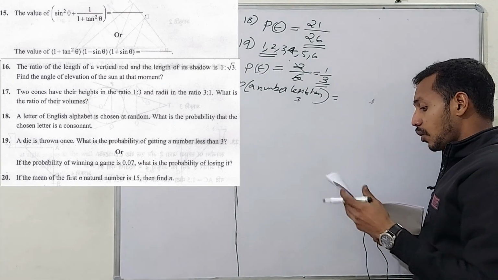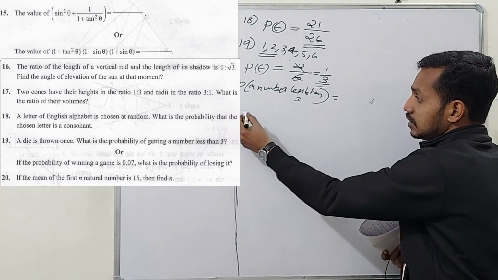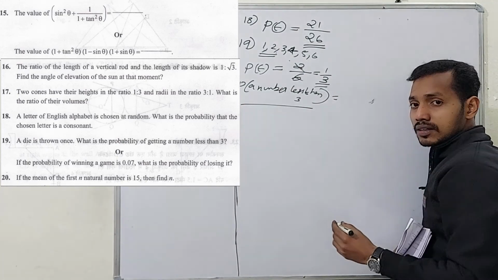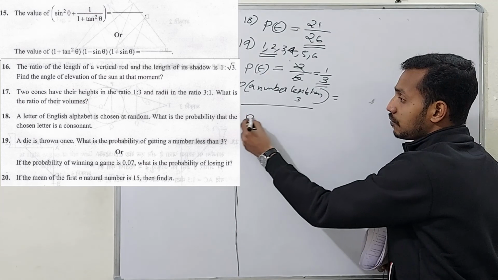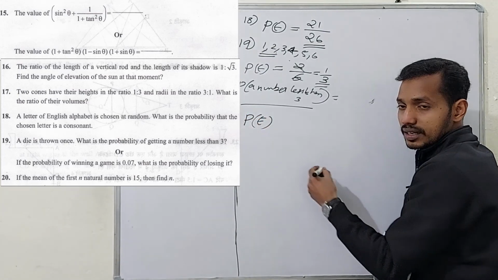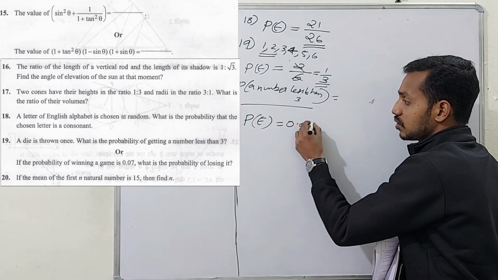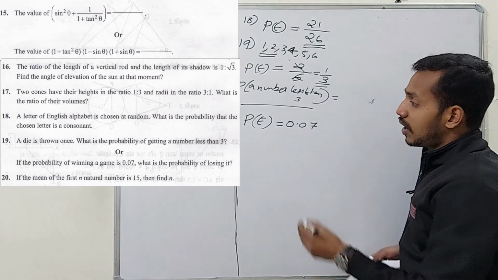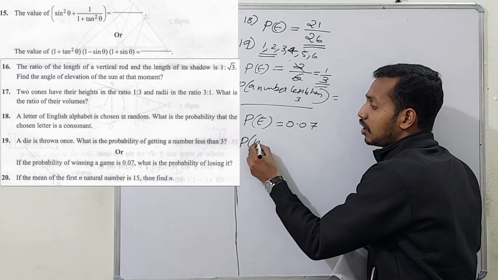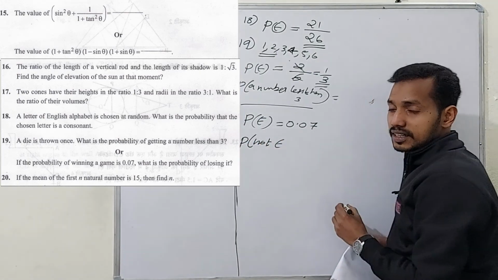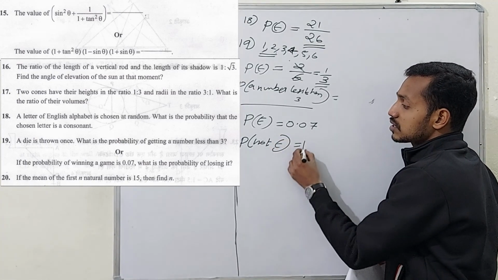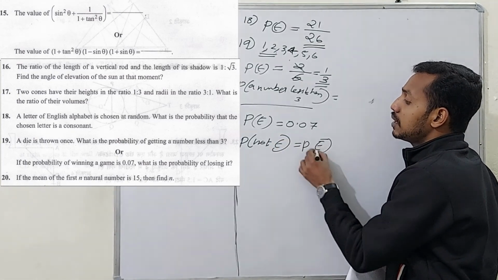Now, one more option is there under the same question. If the probability of winning an event E is equal to 0.07, then we have to find the probability of not winning, that is not E, which is also known as the probability of the complementary event.